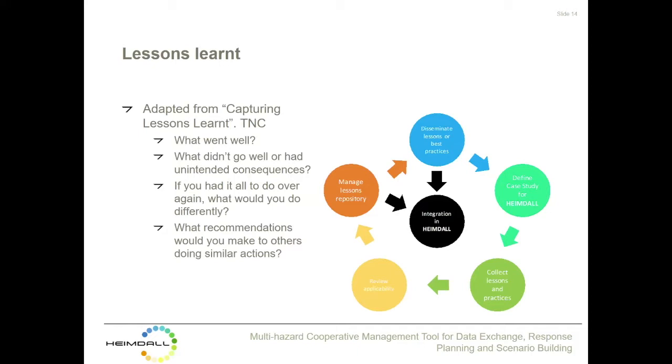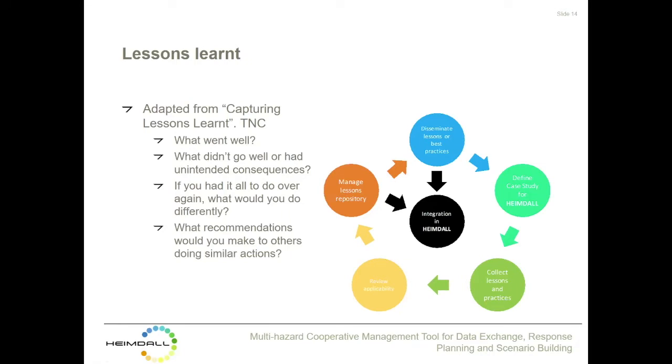So mainly, as a general idea, documenting lessons learned is of course an opportunity for improvement and an opportunity to help a team identify strengths or weaknesses from the consequences of a specific incident through questions like what went well, what didn't go well or had unintended consequences, or questions like if you had it all to do over again, what would you do differently, or what recommendations would you make to others doing similar actions or doing similar projects.